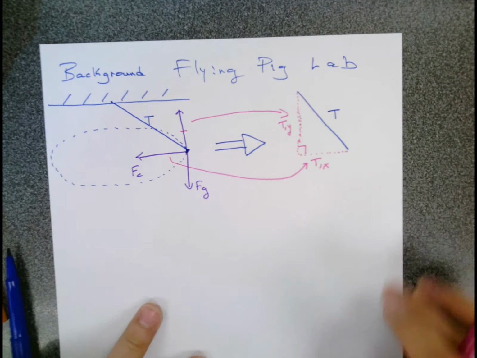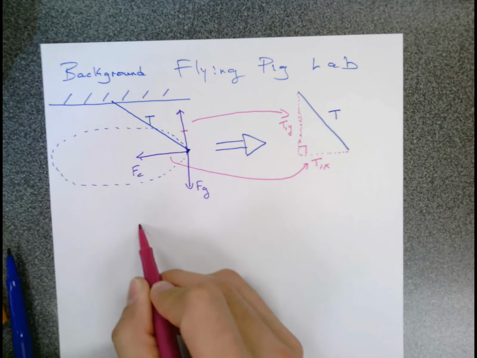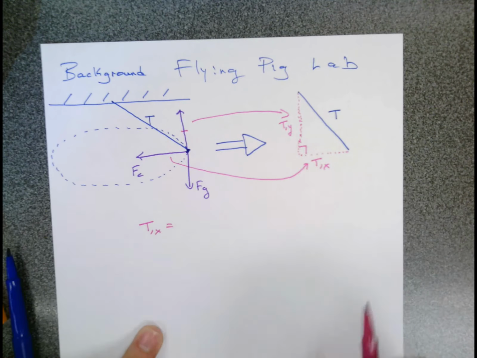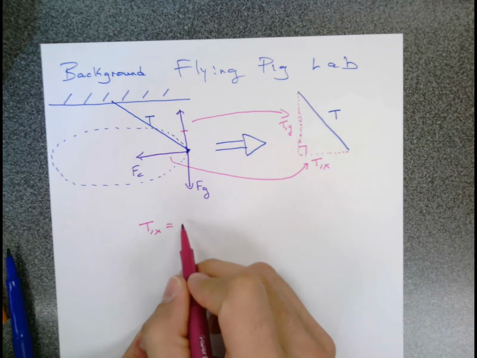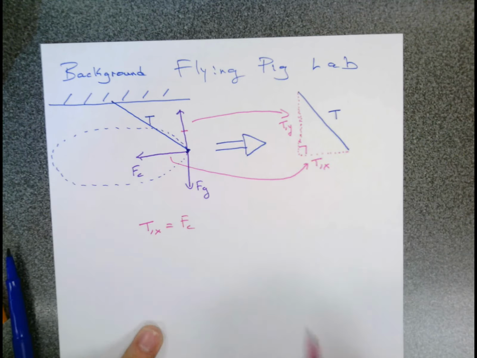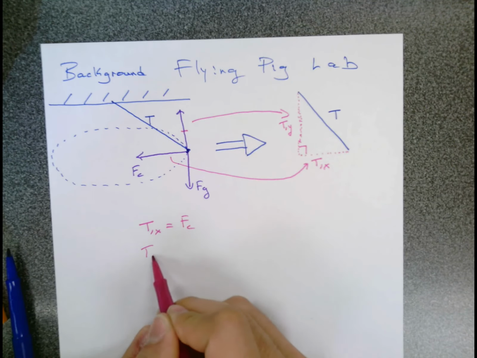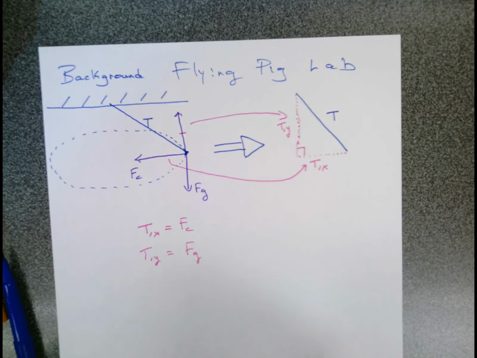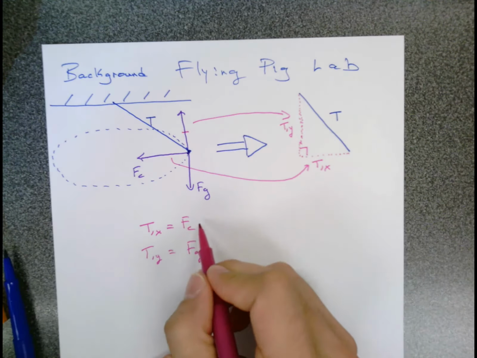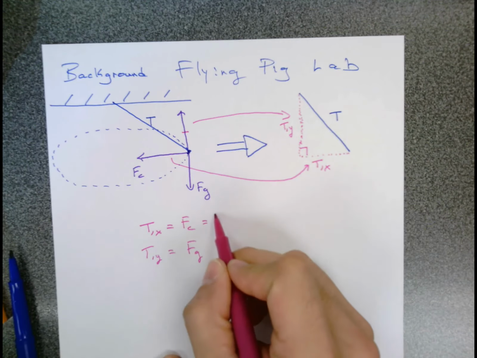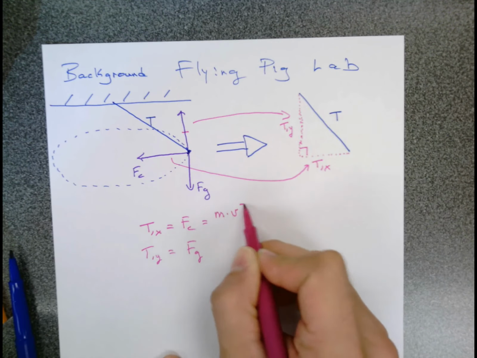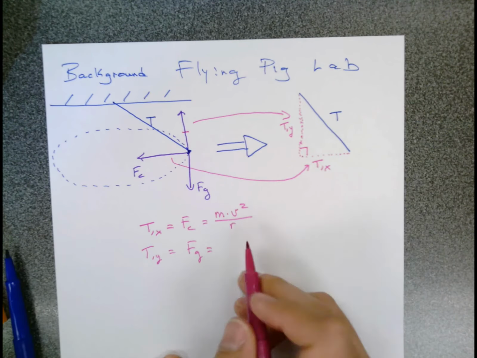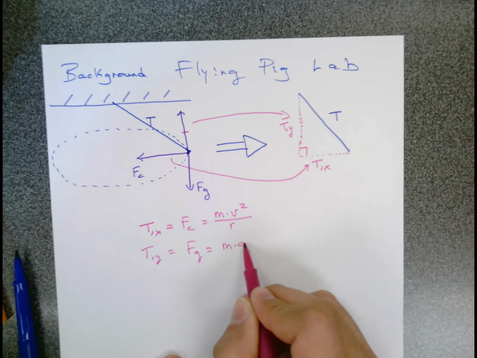In this case, we'll see that T in the X direction is equal to the centripetal force, and T in the Y direction is equal to the force of gravity. Now, the centripetal force is equal to the mass times the velocity squared divided by the radius. And the gravitational force is equal to the mass times gravity.